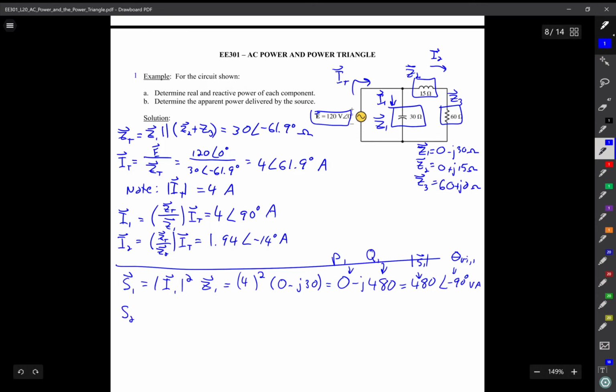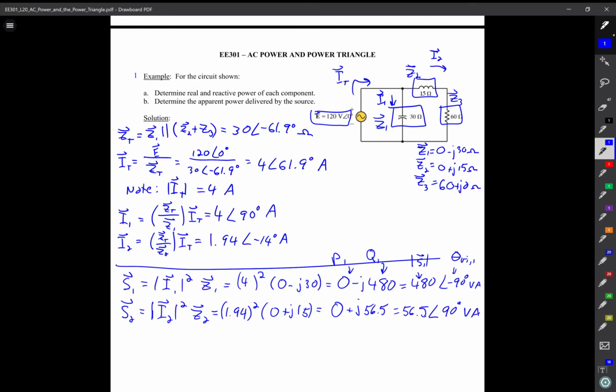S2 is also equal to its current I2 magnitude squared times Z2, which is equal to 1.94 squared times 0 plus J15, which is equal to, again, it's purely inductive, so it has zero real power, plus J56.5, which is equal to 56.5 with an angle of 90 degrees, and the units are voltamps.